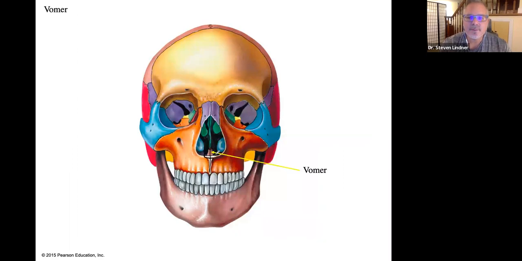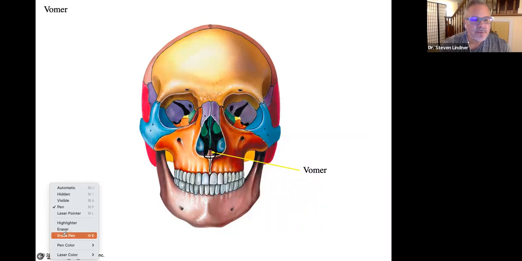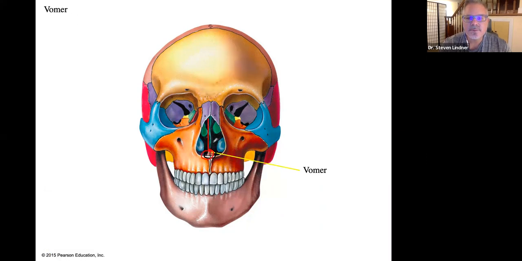We've already done the vomer. And let's just review what we did here. So this was the vomer. This was the perpendicular plate. Here's the cribriform plate, and then the crista galli on the inside. Middle concha, inferior concha.